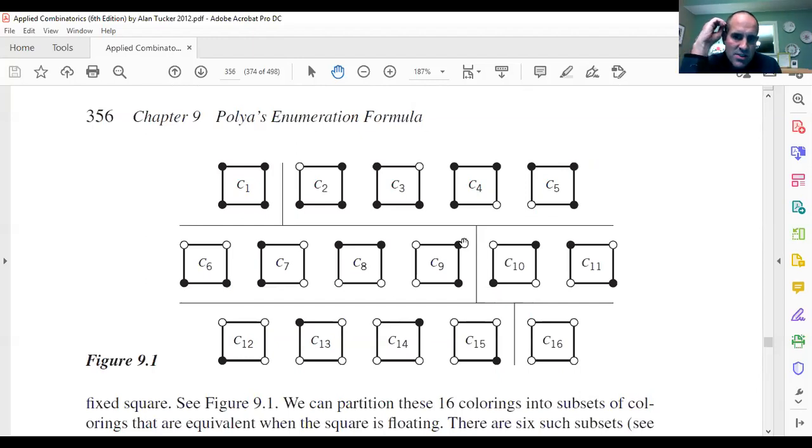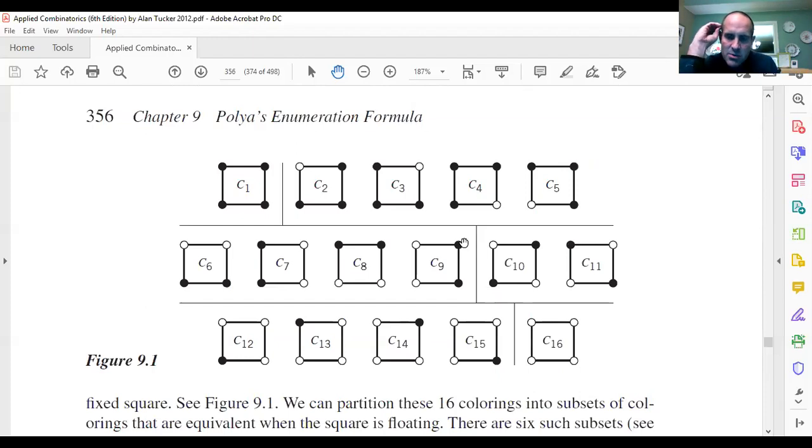Similarly, C3 and C5 are going to toggle between each other. What about C6? Well, that's going to toggle between, think about it, if in C6 you flip the 2 diagonals around, and you flip the two other diagonals around, you get to C8. So C6 and C8, C7 and C9 are in a little cycle with each other.